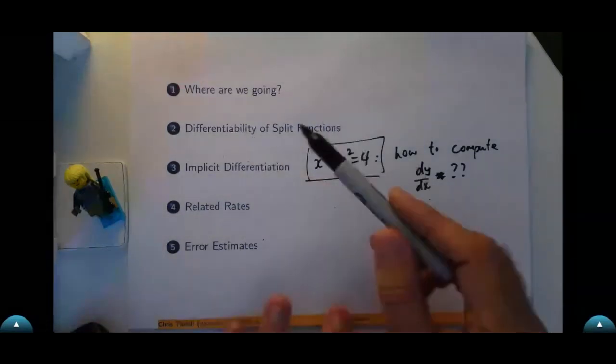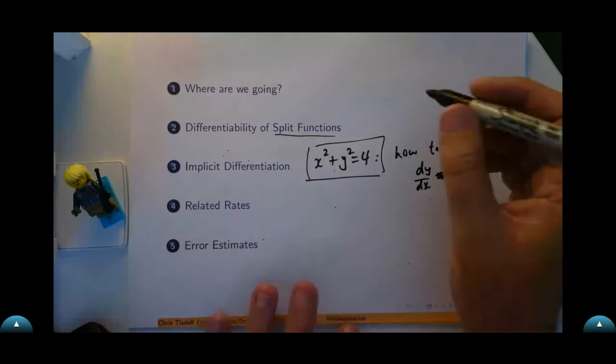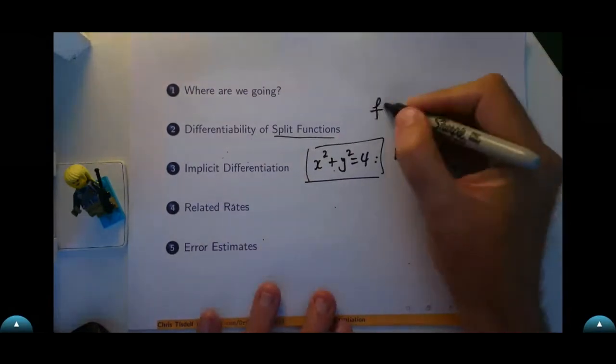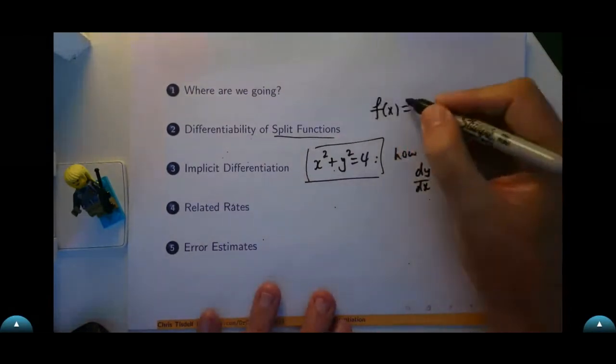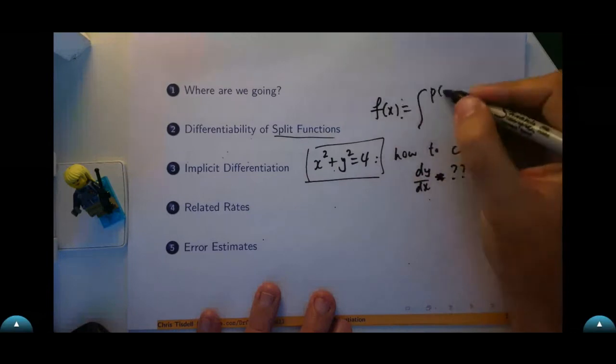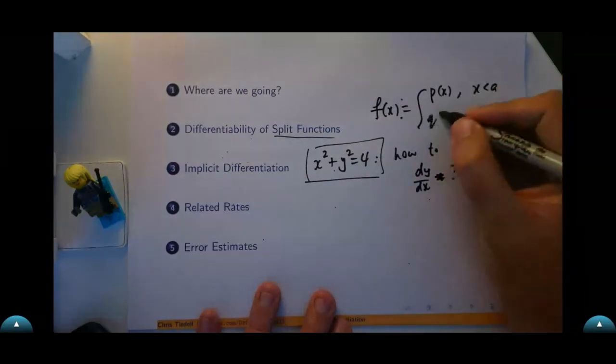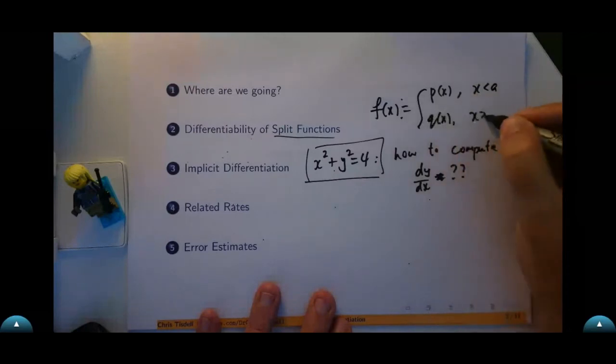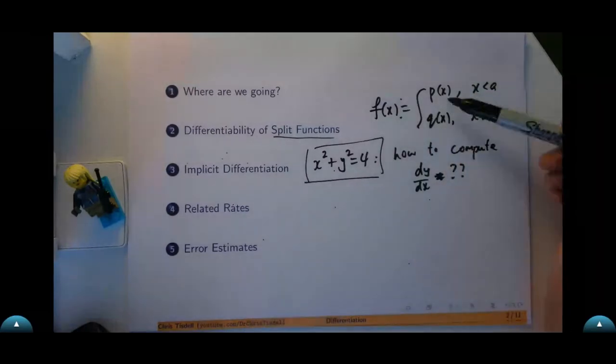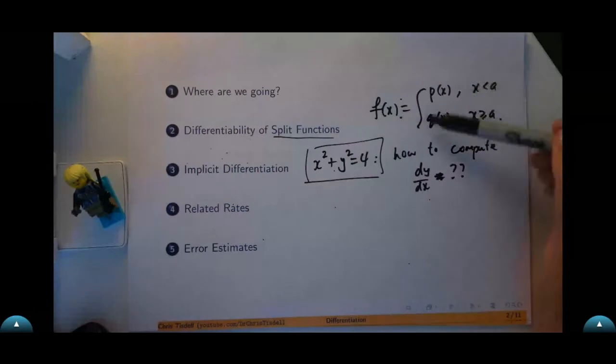And with the split functions, remember, a split function is something like this. It's defined in 2 parts, say. And what you want is to ensure that these 2 functions have a smooth connection, right?